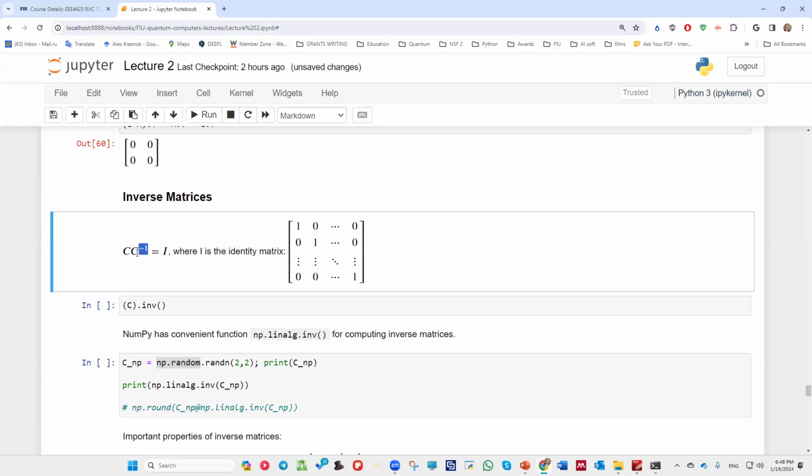So this is the indication of the inverse matrix. If I multiply this inverse matrix by C, it returns the identity matrix, which has all ones on the diagonal and zeros off the diagonal, right? So this is the definition of the inverse matrix. How do we calculate the inverse matrix?